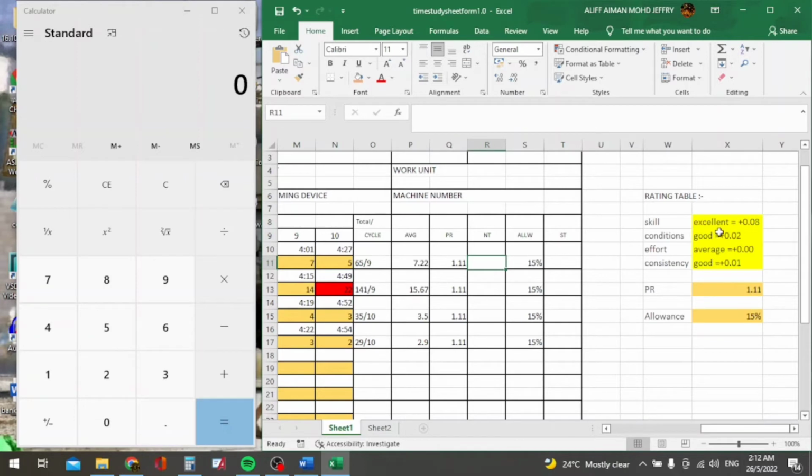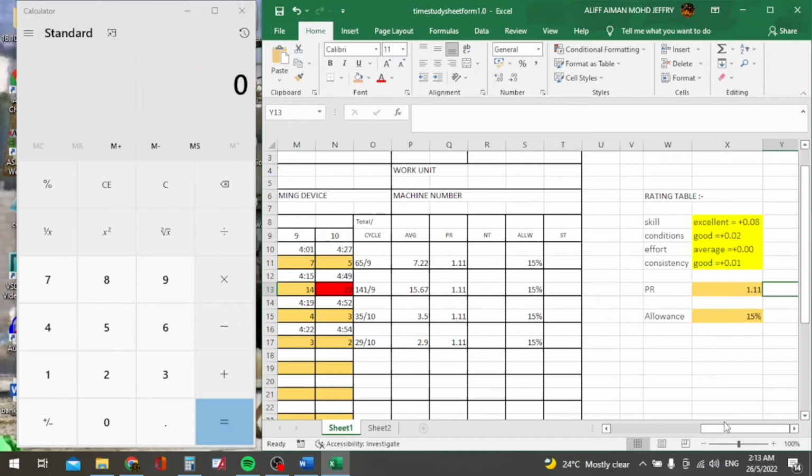For the skill, which is excellent, 0.08; the condition, which is good, 0.02; the effort, which is average, 0.0; and the consistency, which is good, 0.01. To calculate the performance rating, we total skill, condition, effort and consistency, and then plus 1. So we get the answer 1.11.